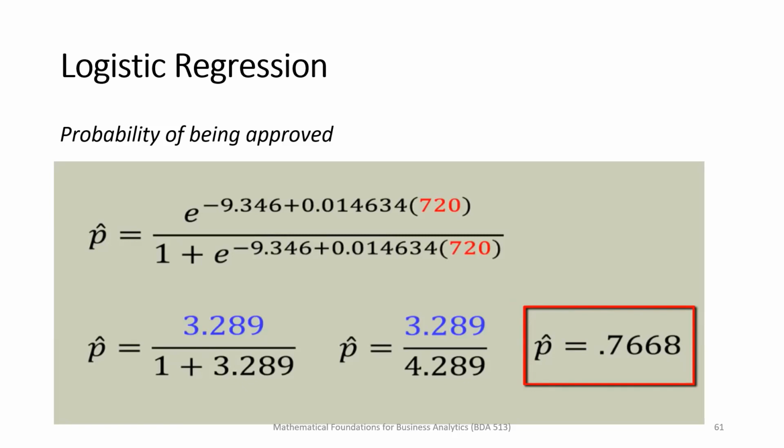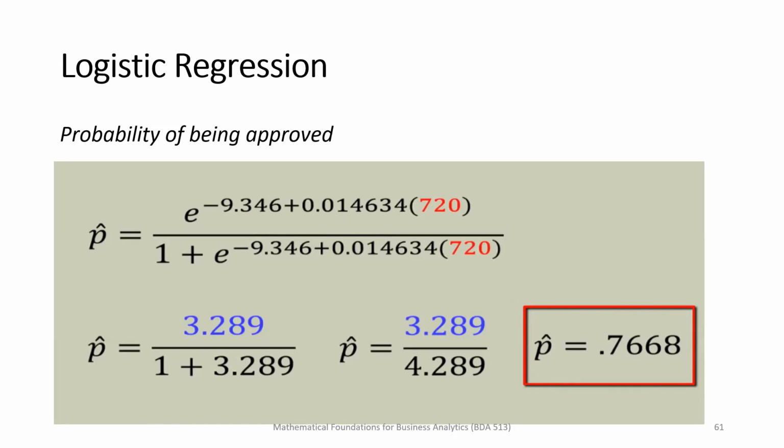So just bear in mind that when it comes to logistic regression, we are looking at the probability because the dependent variable is categorical. We cannot use our normal regression to do it. So we calculate the probability of an event occurring or not occurring.